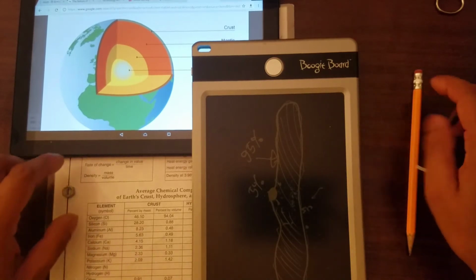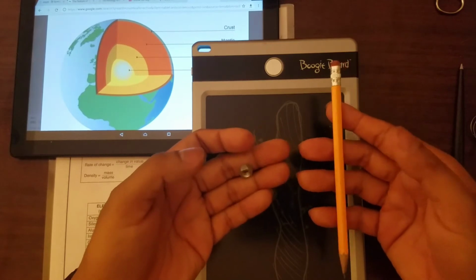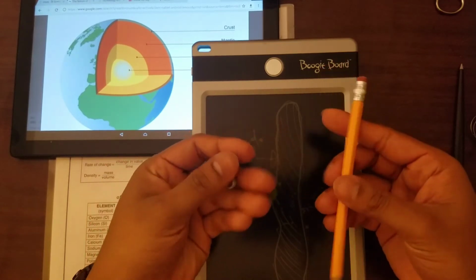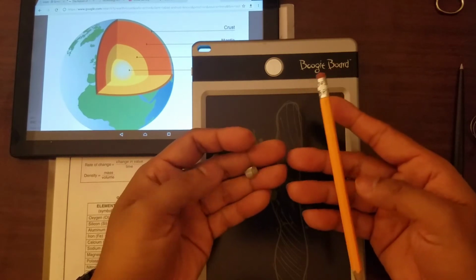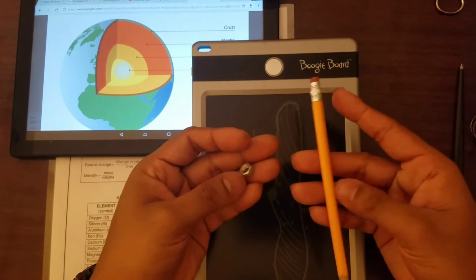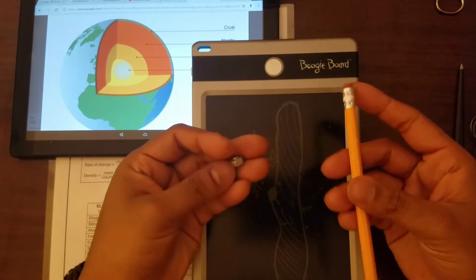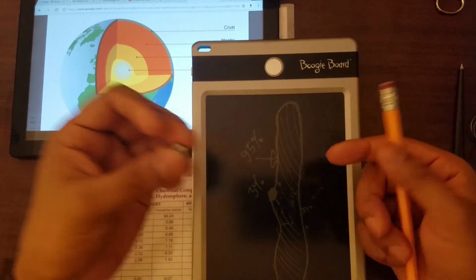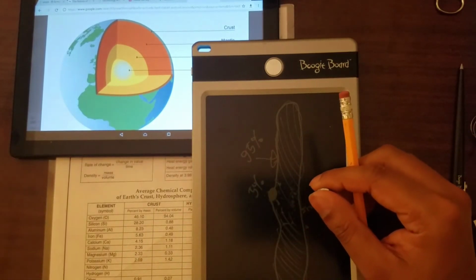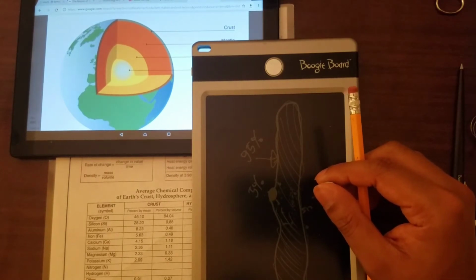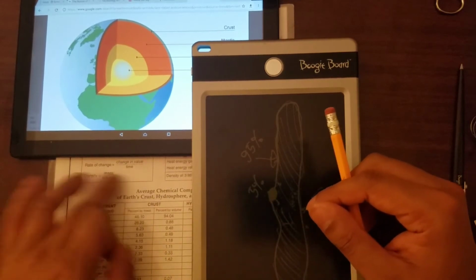Now, percent by mass, what does that mean? If I try to measure the weight of these two things, I feel like the two have the same mass. If you need to know what mass and volume mean, you can look at the previous video, I think it's video number 3, where I talked about the equations.